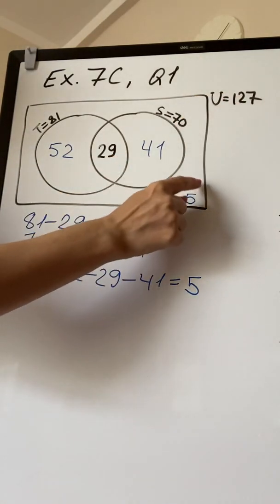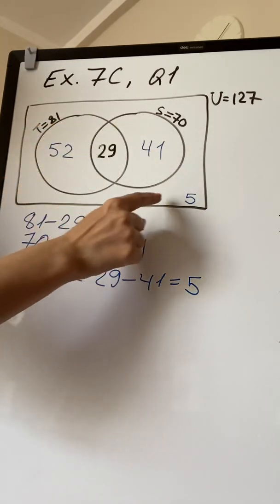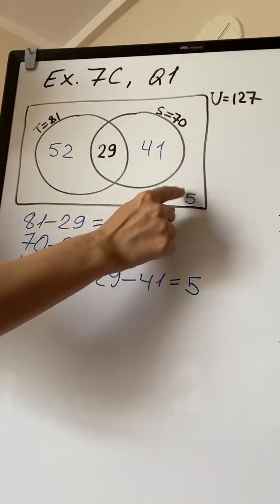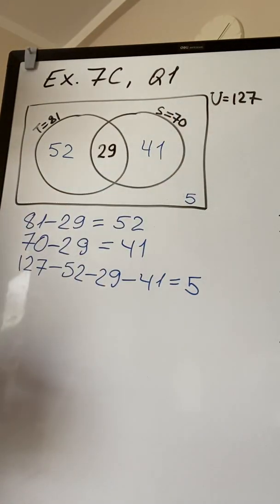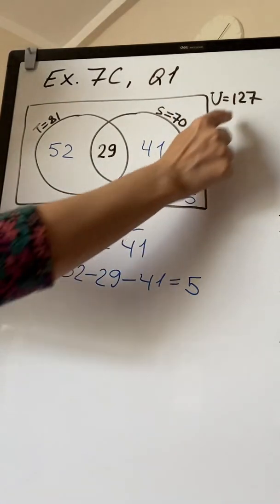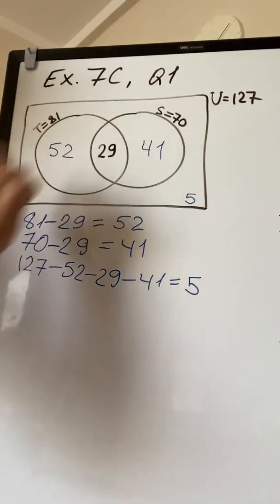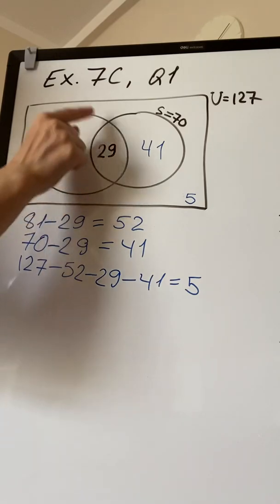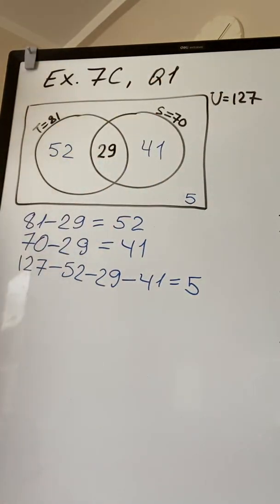For example, 5 people use neither tablet nor smartphone. It's 5 people, but 5 people out of what? Well, 5 out of 127. So that's the probability, 5 over 127. Or for example, tablet users only, 52 over 127. So that will be your probabilities.